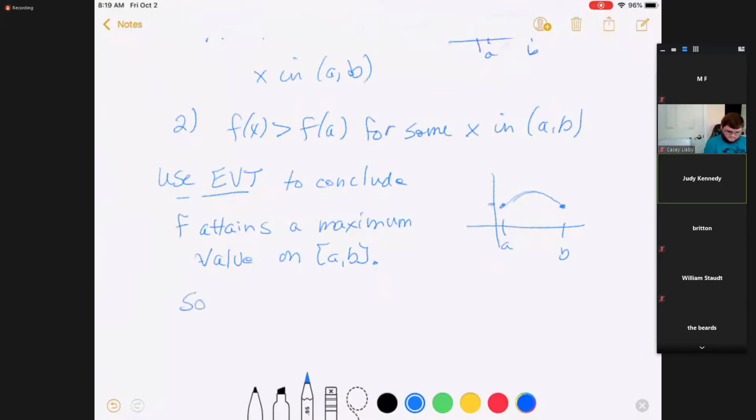So there is some point C in the open interval from A to B. Remember, f of A is equal to f of B, and there is some x such that f of x is greater than f of A. That x doesn't necessarily have to be where the maximum occurs, but there does have to be a place where the maximum occurs.